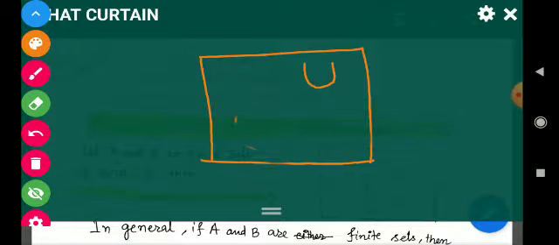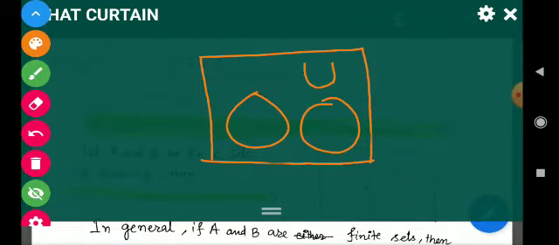So if they don't have any common element, that means set A and set B are disjoint sets.